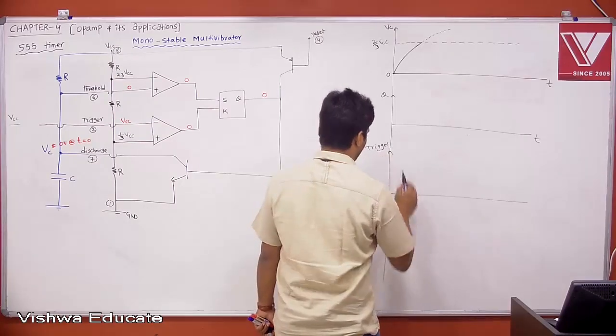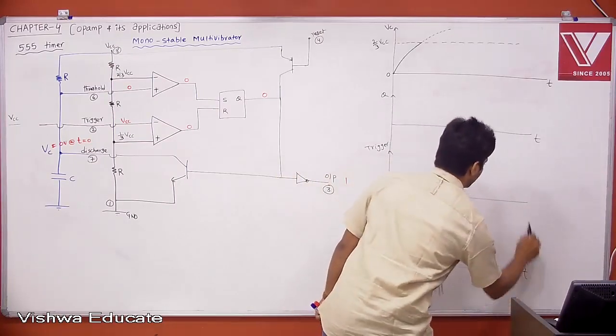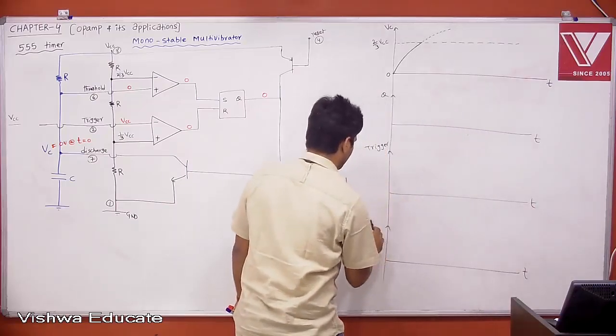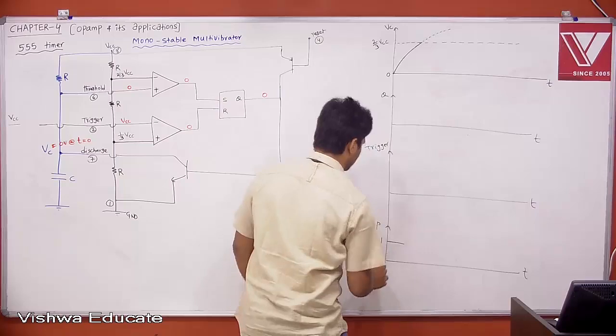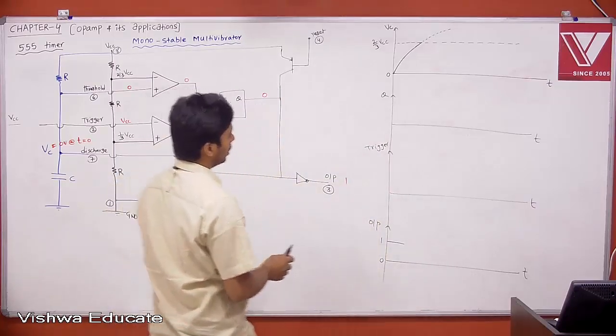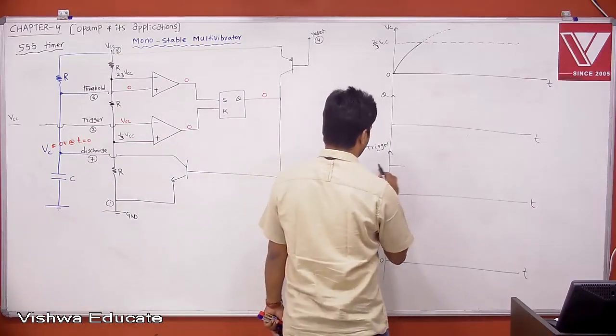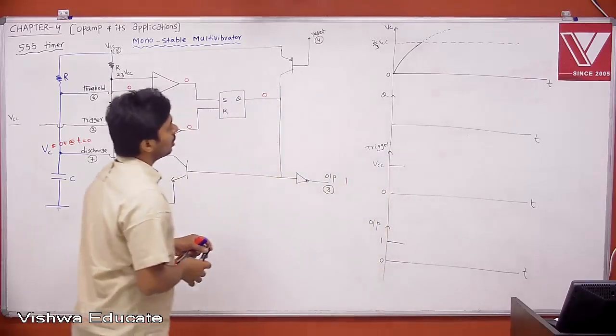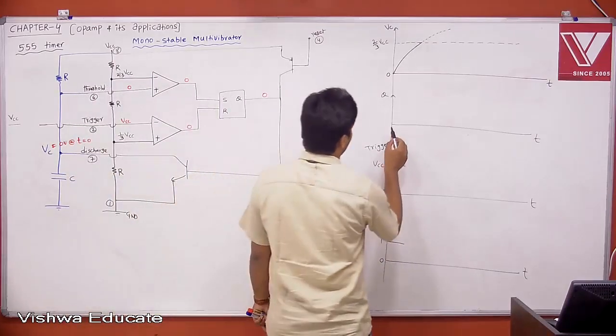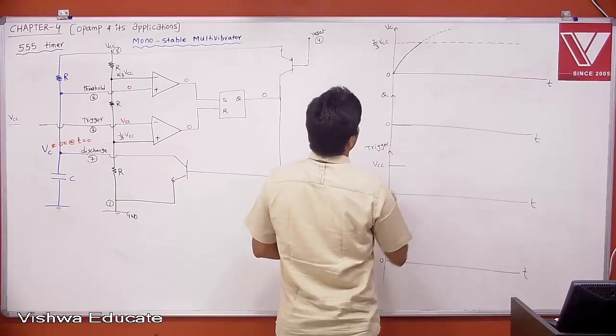And finally, the output. Initially the output is 1. Let us say this is the trigger, this is VCC, this is 0. Now what is your output? Output is 0. Q is 0 once it crosses 2/3 VCC.